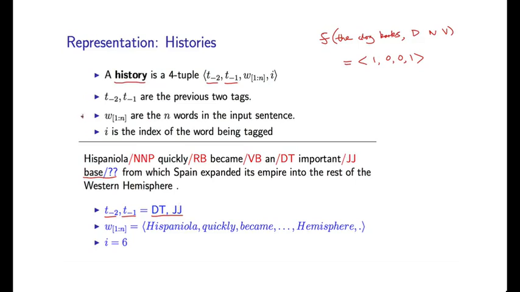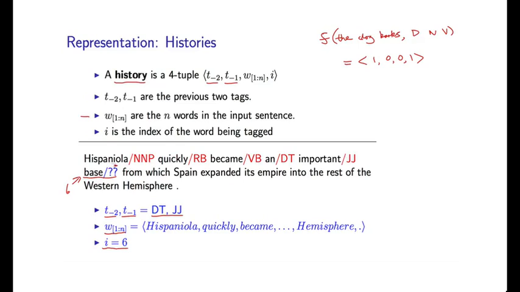We have the entire sentence as the second element of this tuple. And then we have to be careful to specify the position in the sentence that's being tagged. In this case it's the 1, 2, 3, 4, 5, 6th word, word number 6, and that's the fourth element of this history.